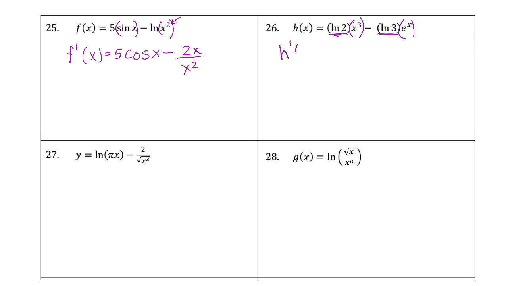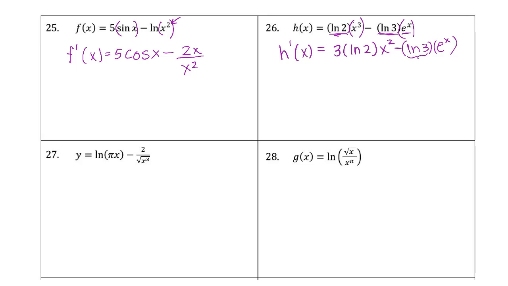So h prime at x equals 3 times natural log of 2 x to the second, minus, and then for this next one, again, natural log of 3 is just the coefficient, times the derivative of e to the x, which is still just e to the x.